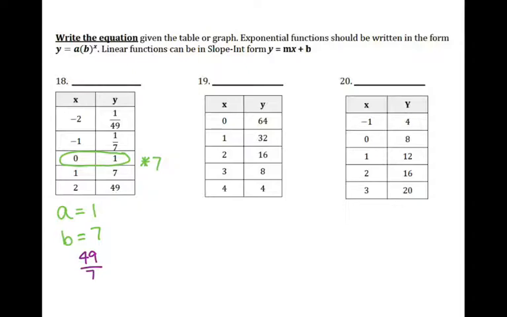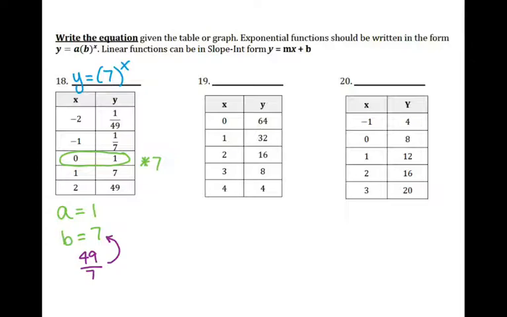So 49 divided by 7 is going to give you that 7 for your b. And now that I have a and b, I can go ahead and write the equation. We usually do not put the 1 there when a is 1, but you can if you really want to. But I'm just going to write it as 7 to the x. The 1 is totally optional.